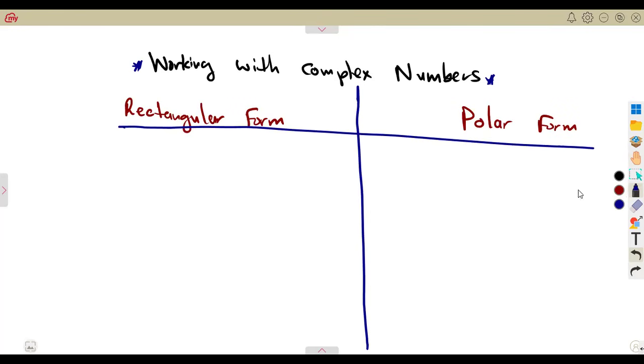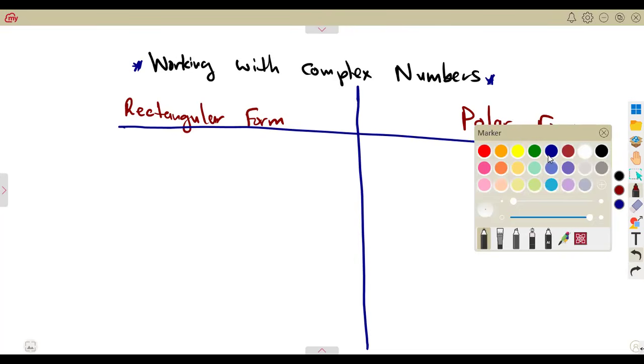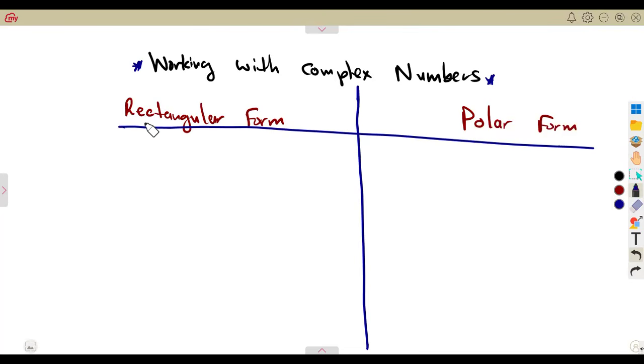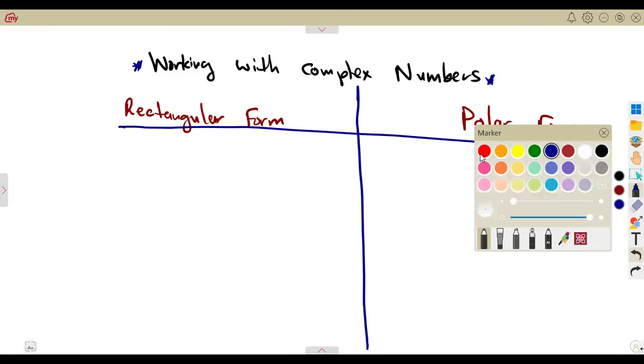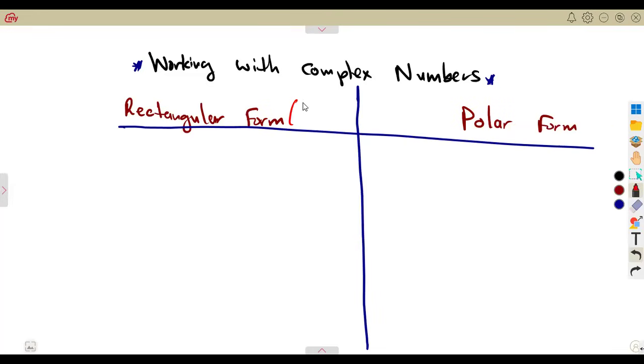You are going to see that when we are given numbers in rectangular form, it is best to apply addition and subtraction. Whenever you've got something in rectangular form, addition and subtraction will be very possible to work your questions.